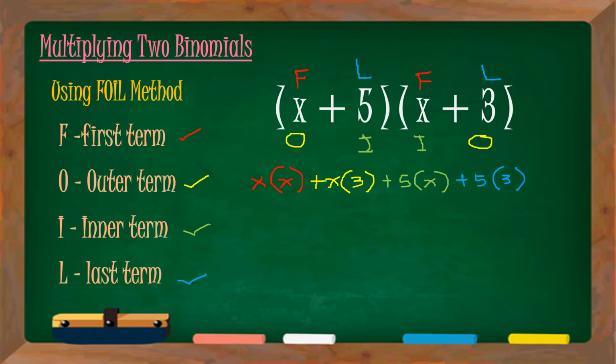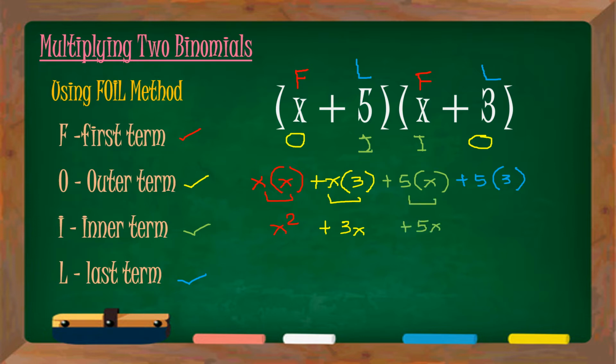Okay, now let's multiply one by one. So, x times x is equal to x squared, or x to the second power. Then, positive x times 3 is equal to positive 3x. And positive 5 times x is equal to positive 5x.